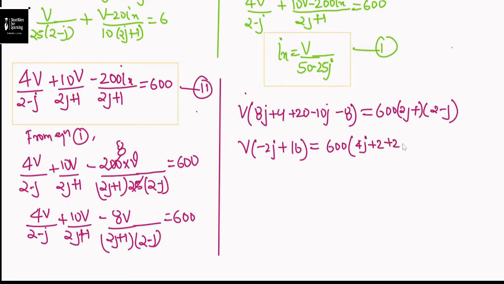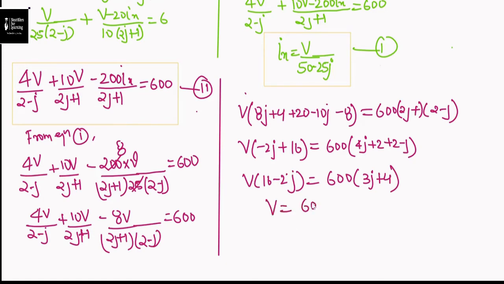On solving this, we get 3j plus 4. So finally we can write 600 into 3j plus 4 upon 16 minus 2j, bringing out 2 common in the denominator.